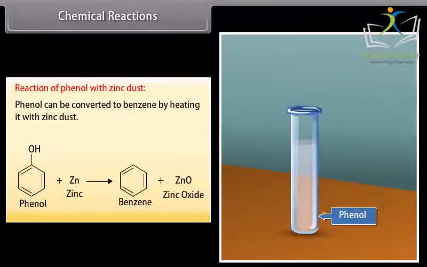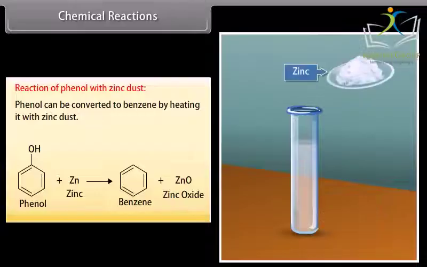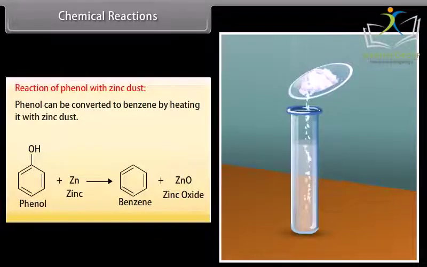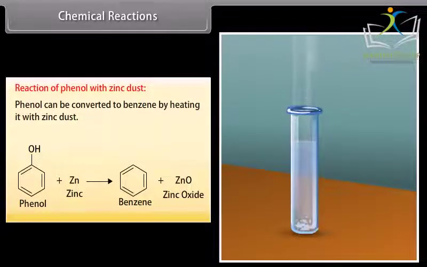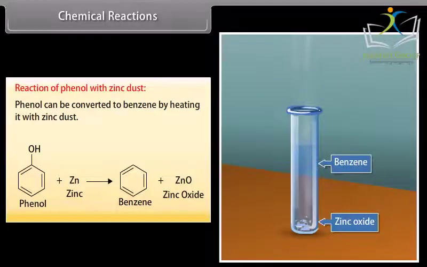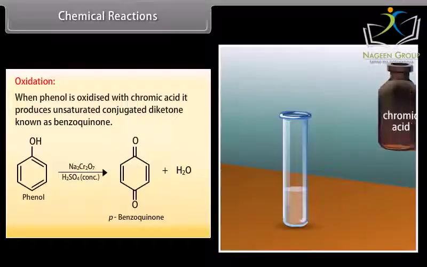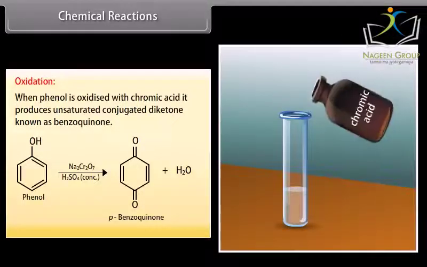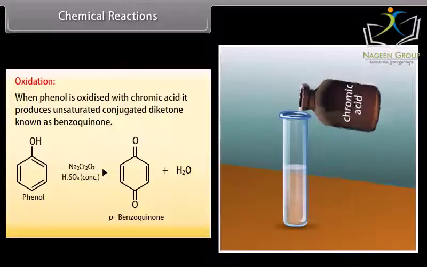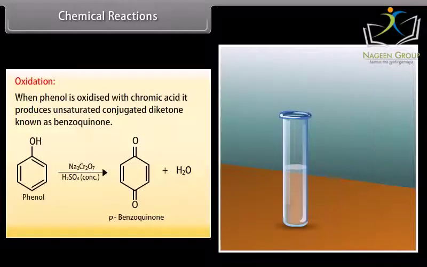Phenol can be converted to benzene by heating it with zinc dust. Oxidation. When phenol is oxidized with chromic acid, it produces unsaturated conjugated dicarbonyl known as benzoquinone.